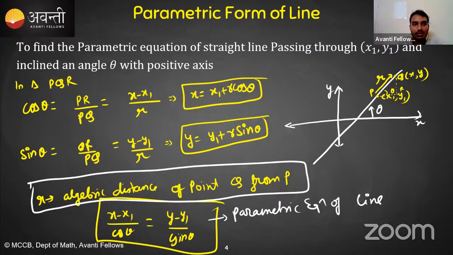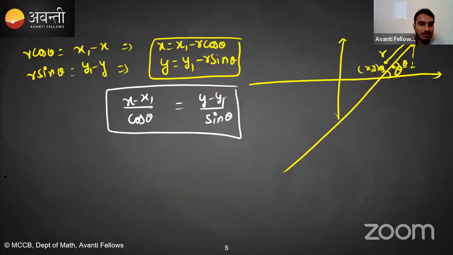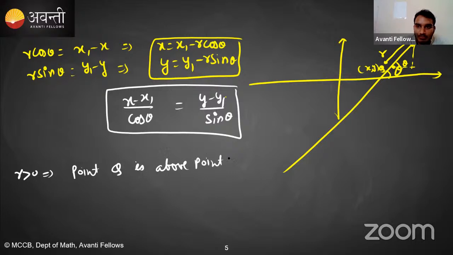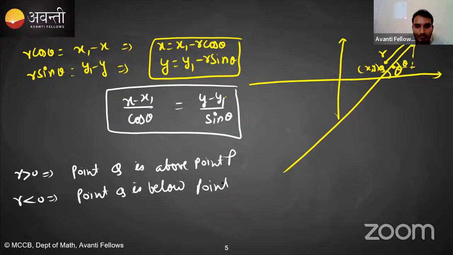So if r is positive, it implies point Q is above point P. If r is negative, it implies point Q is below point P. Is this clear, students?